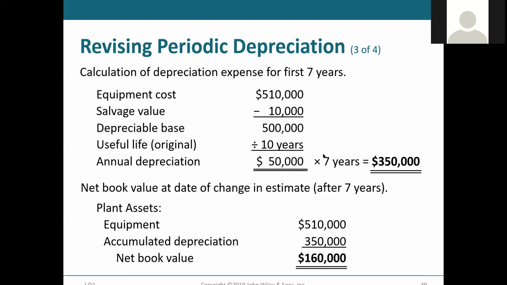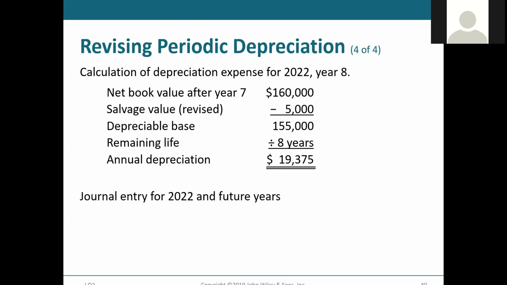We purchased the machine for $510,000. Salvage value was 10. So our depreciable base is $500,000. We're chewing that up at the rate of $50,000 a year. We did so for 7 years. So now at the time of the revision of the life, our net book value is $160,000.